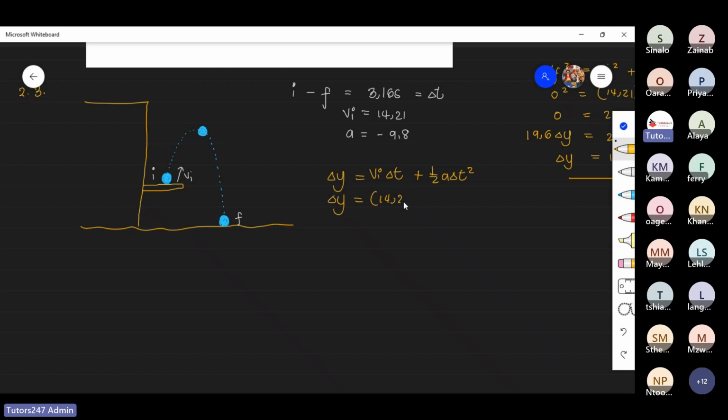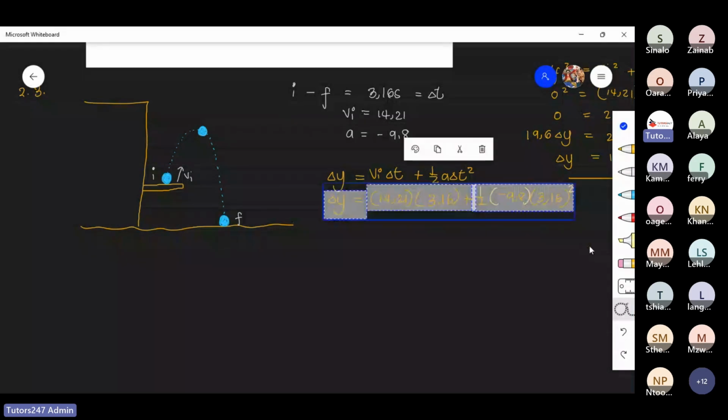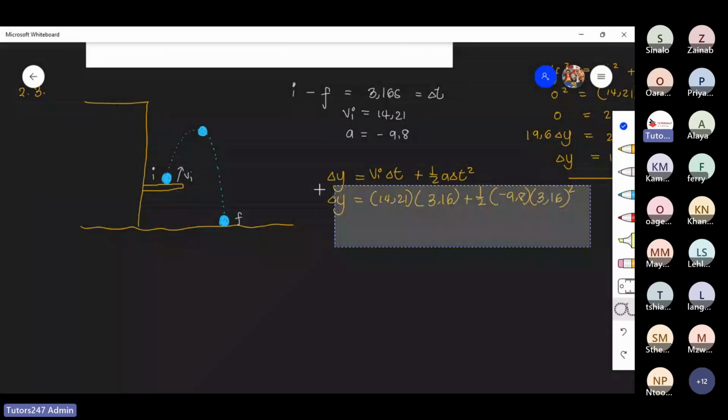We have our time, which is 3.16, plus 1 over 2, our value of A, which is negative 9.8, and our value of time, which is 3.16. Don't forget to square. So I don't want that to mix up with the previous calculation, so let me move it aside a bit.